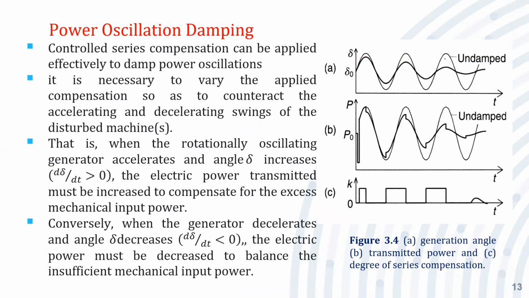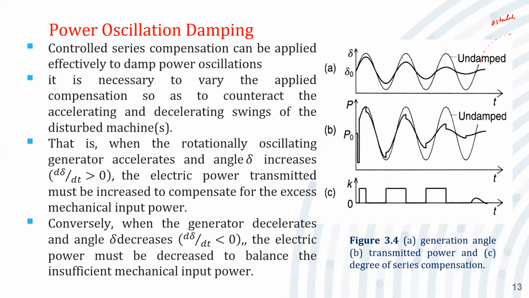For example, for a modern, large capacity generating station, after a few oscillations, this angle gets increased and hence the system becomes unstable. So our interest is to decrease or damp out this oscillation.